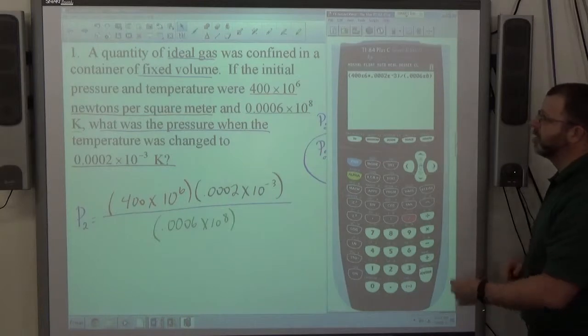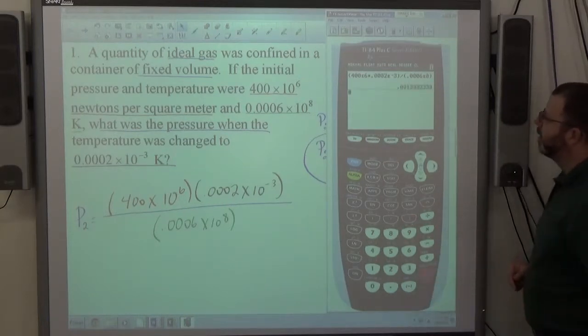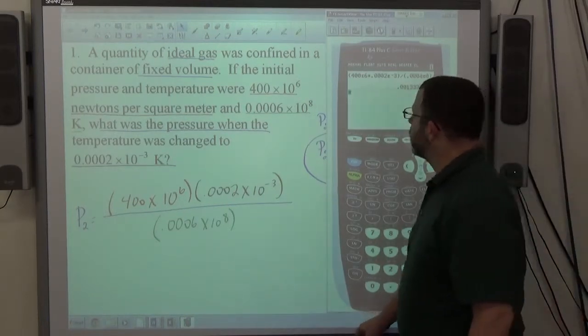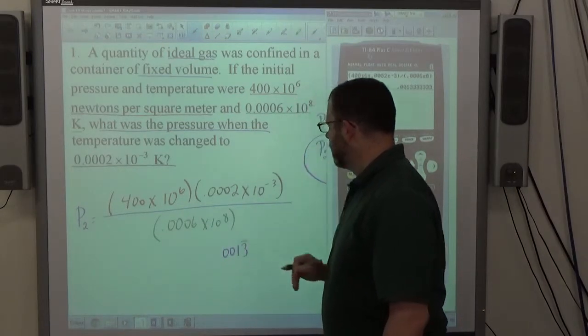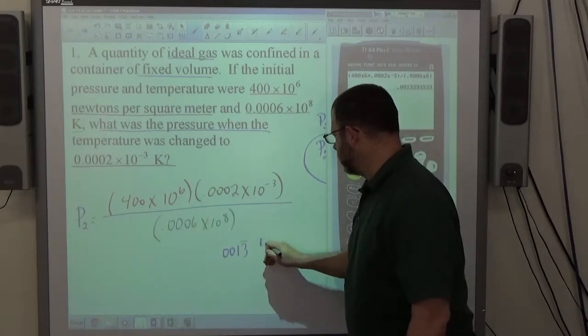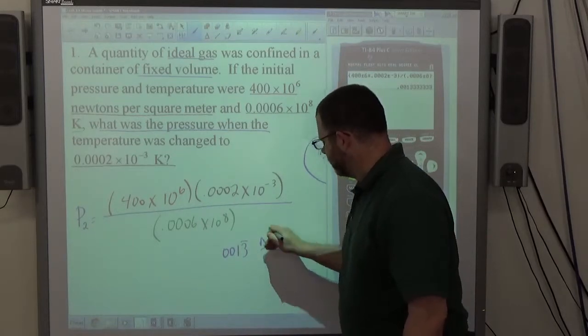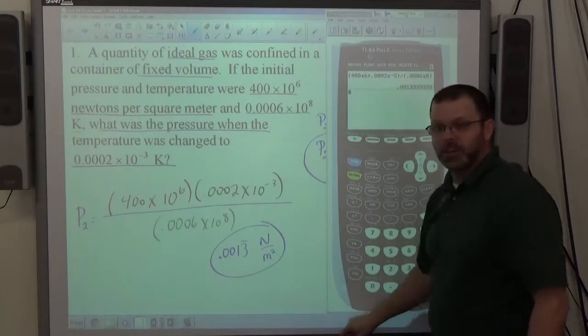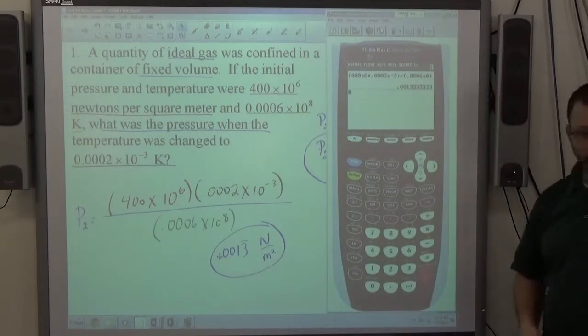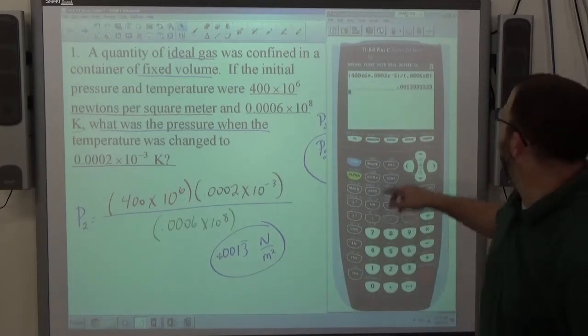The entire bottom encased in parentheses. It equals, and we get 0.0013 repeating. And that is newtons per square meter. If it came out scientific notation, by all means leave the answer in scientific notation. That one came out as a decimal number, so a decimal number would be fine for that one.